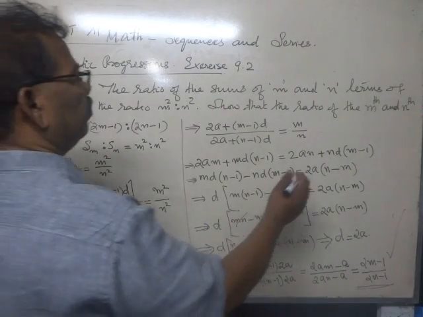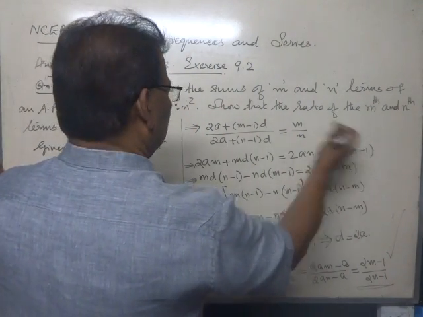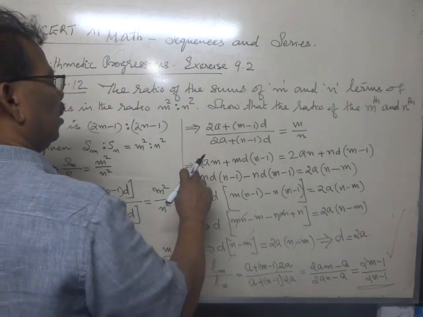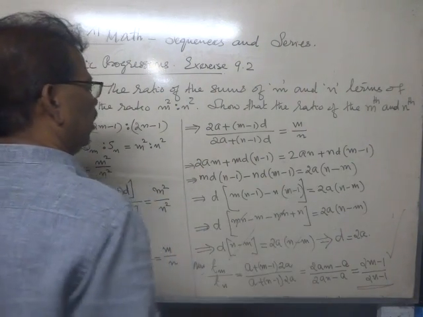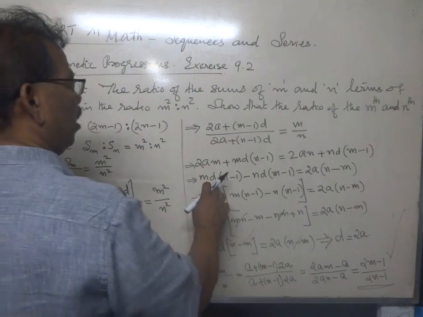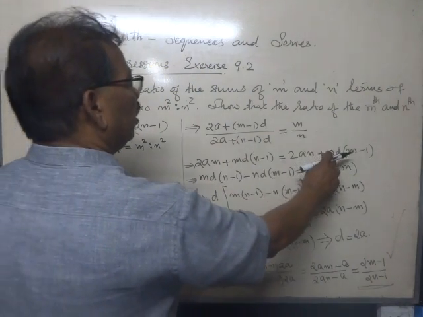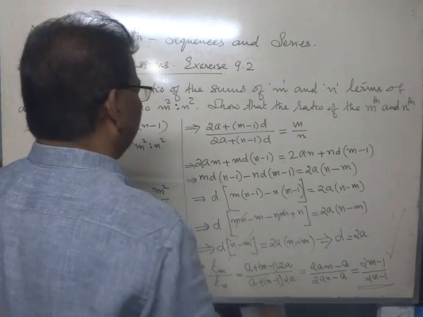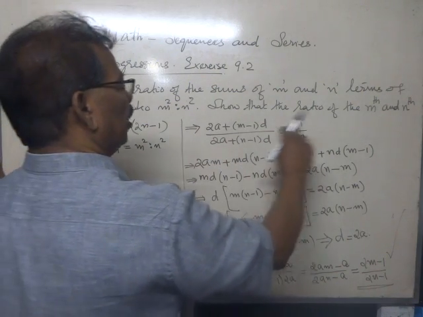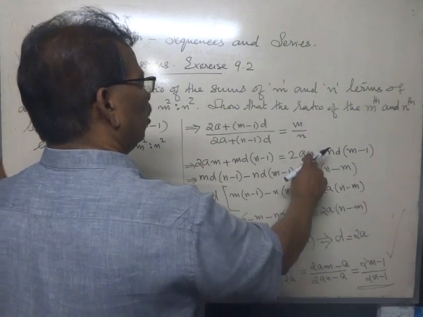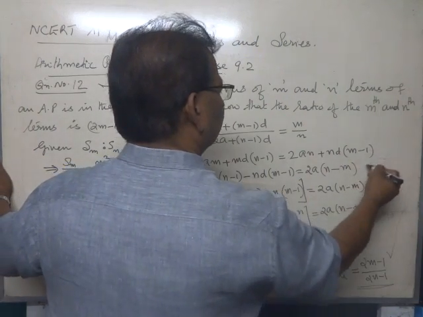Now shifting nd into m minus 1 to the left and 2am to the right, we can write it as md into n minus 1 minus nd into m minus 1. Now when 2am is taken to the right, 2a is common, 2a into n minus m.